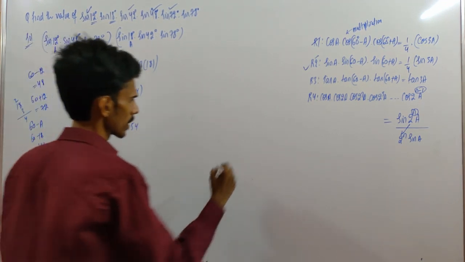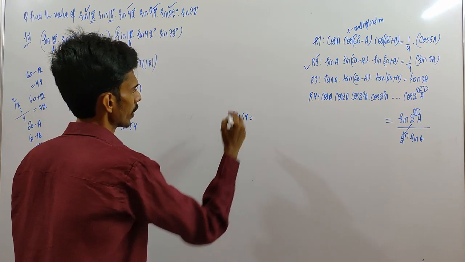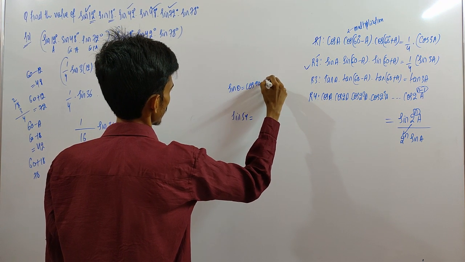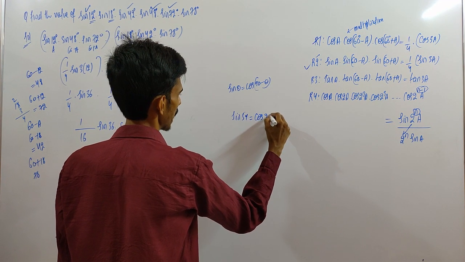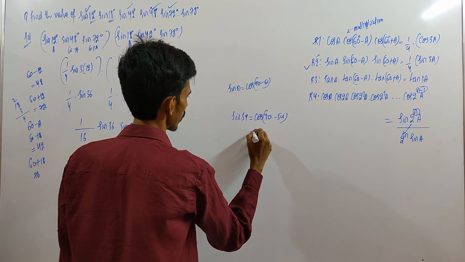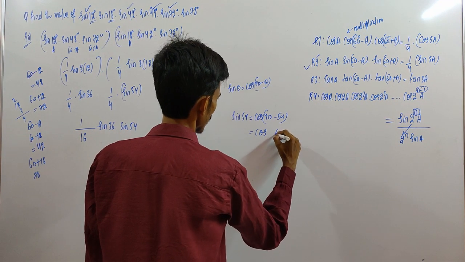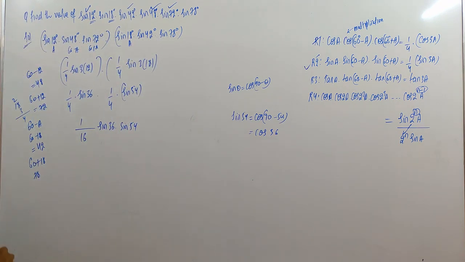Now convert this sine 54. As we know, sine theta can be written as cos(90 minus theta). So sine 54 can be written as cos(90 minus 54), which is cos 36.